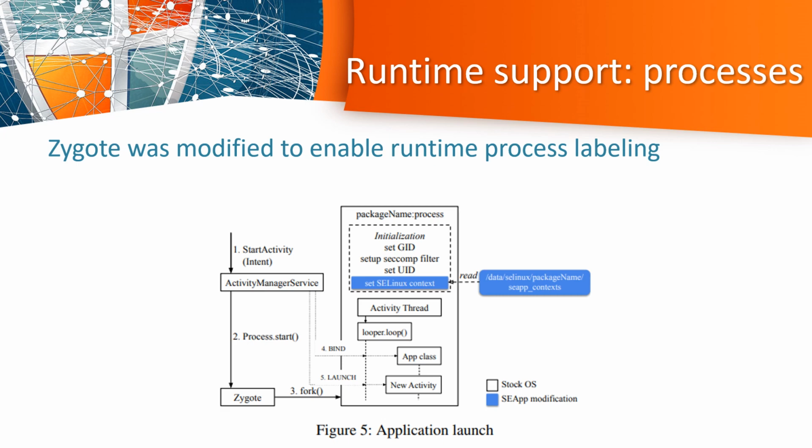In case the developer did not specify a domain, then Zygote uses the system SEApp context as fallback. After the correct labeling, the Activity Manager service finishes the configuration by binding the application class, launching the component, and finally delivering the intent message.